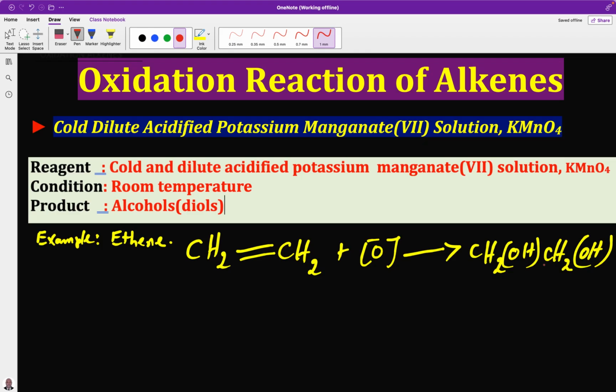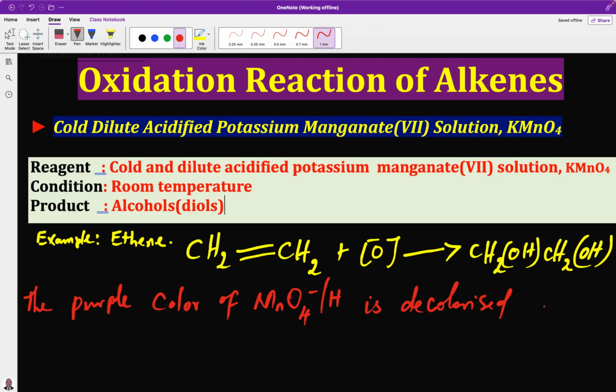So we can now say the purple color of acidified potassium manganate 7 is decolorized as ethane 1,2-diol is formed.